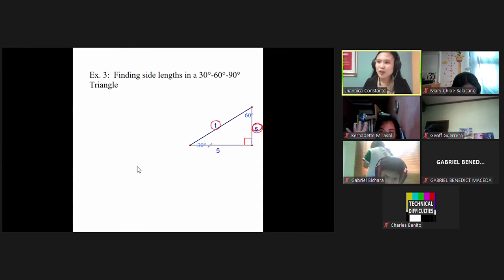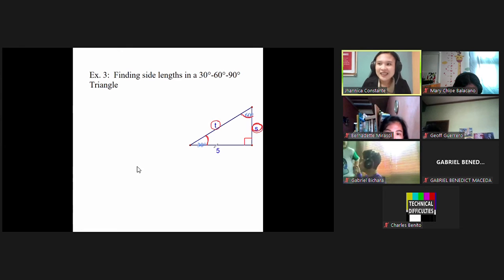If we're going to find side S, we can use this angle or we can use this angle. Your answer will be the same. Either of the two, to find the measurement of side S, you will have the same answer. You can use the angle measured 60 degrees or you can use the angle measured 30 degrees.